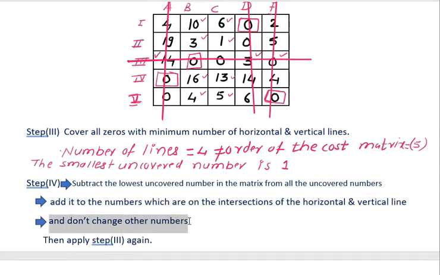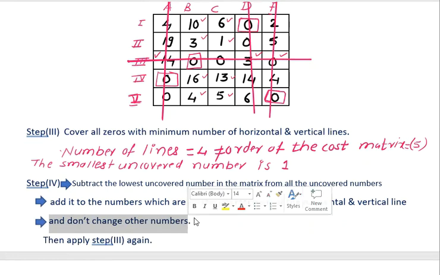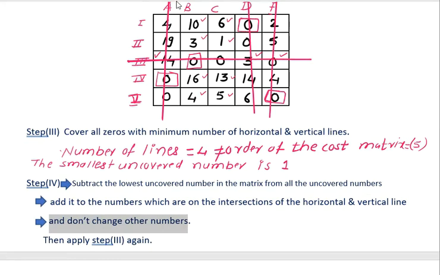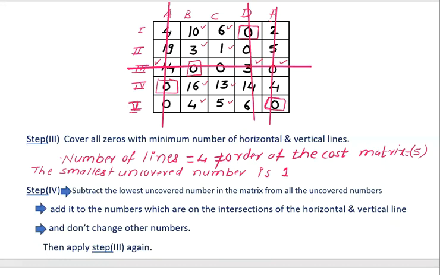So this is step number 4. Let us apply step number 4. Now we will write the elements in the first column. 4 and 19 do not change. So we write 4 and 19 in the first column.